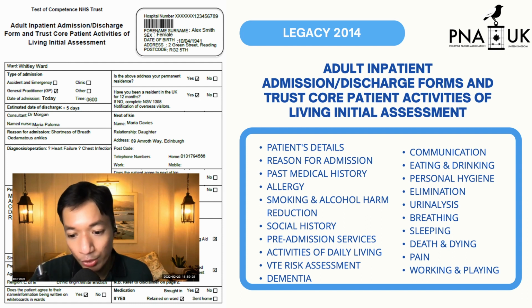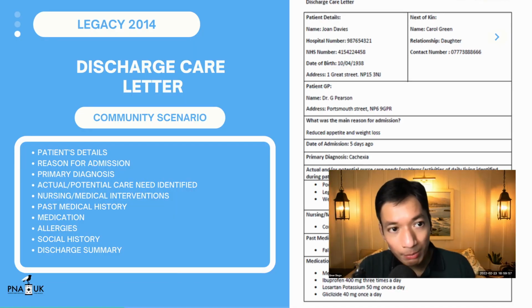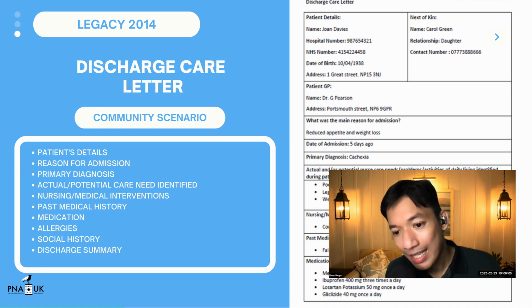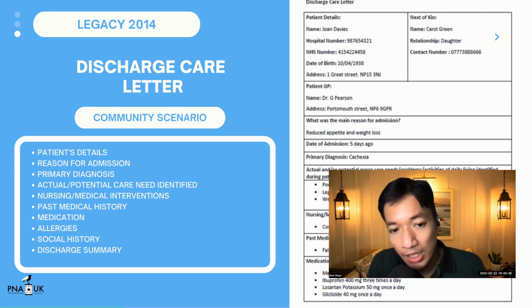I think some of you are probably waiting for the new test of competence. Yeah. So this one, last document, I think this is the last. The last document for the old test of competence is what we call the discharge letter. So this one is more straightforward as compared to the other one. This document is applicable in the community.